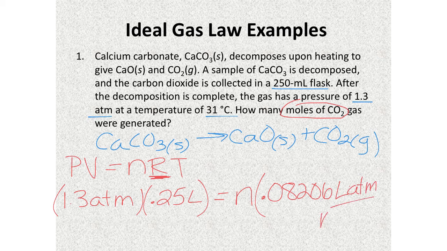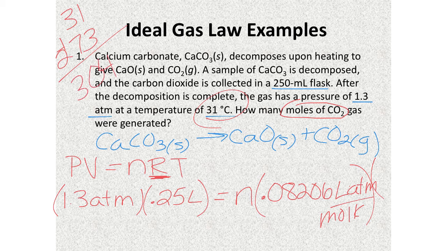I'm sort of running out of space. And then we need to multiply by temperature, but that's going to have to be in Kelvin. So 31 degrees Celsius, if we add 273 to that to get Kelvin, that would give us 304. I'm going to squeeze that in over here. So now we just do our math. So take out your calculators.